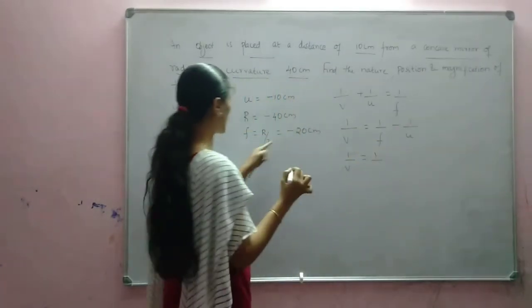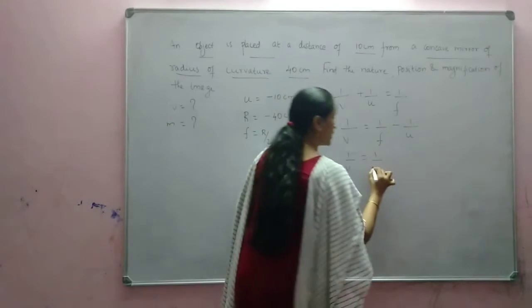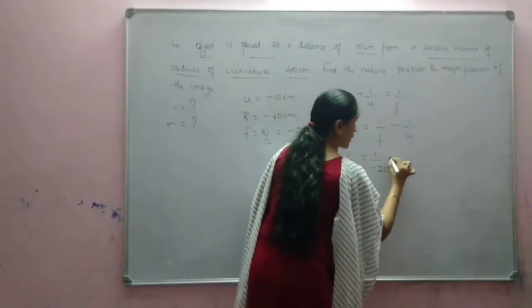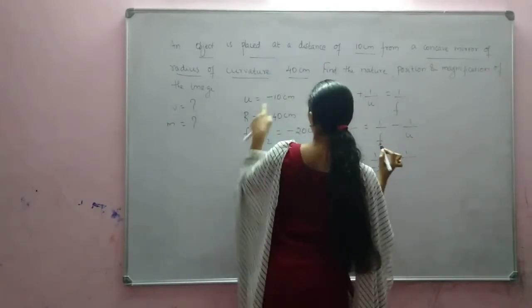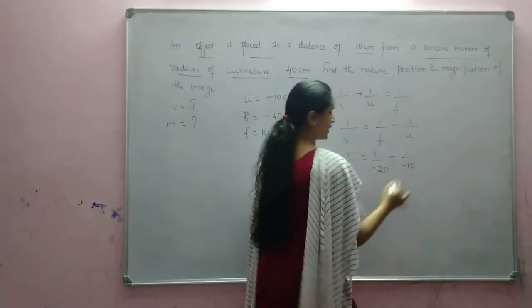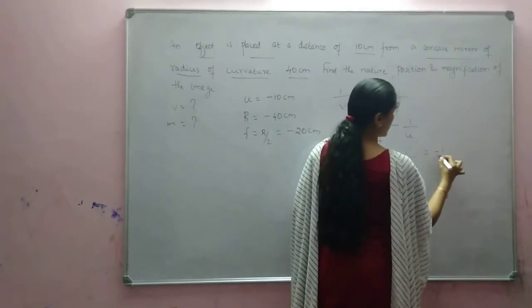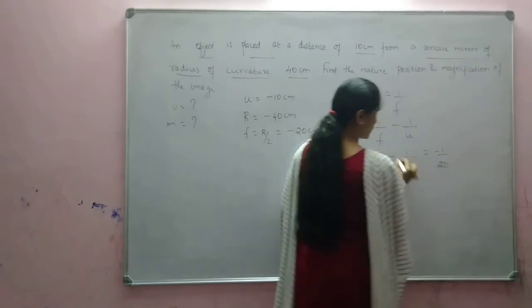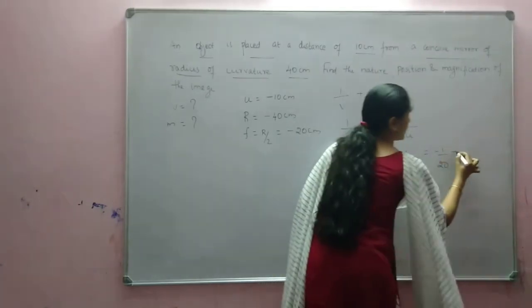What is the value of focal length? Focal length is -20. Minus 1/u, object distance is -10. So we can write it as -1/20, and this minus minus becomes plus 1/10.